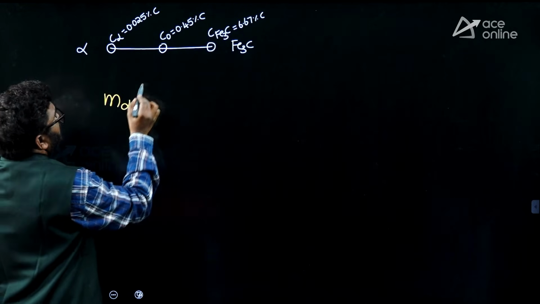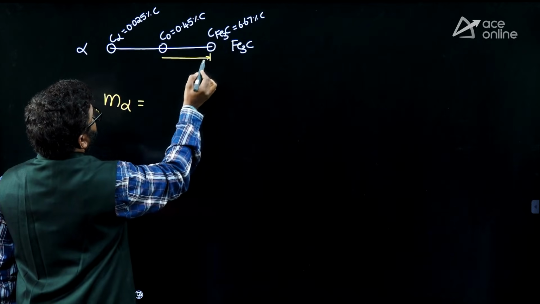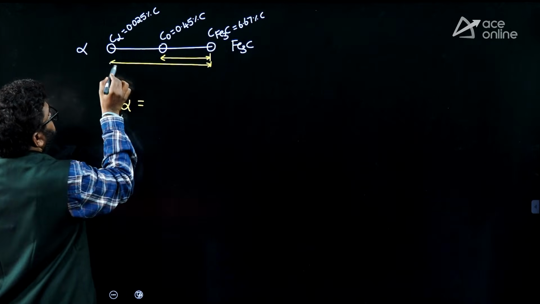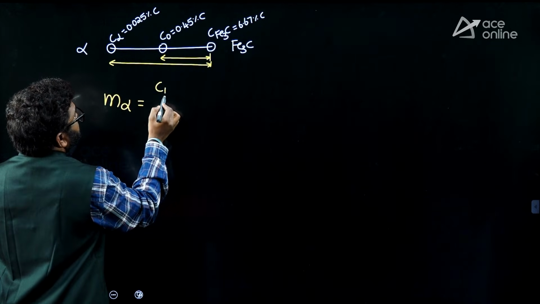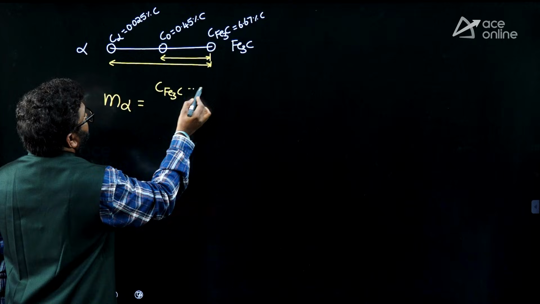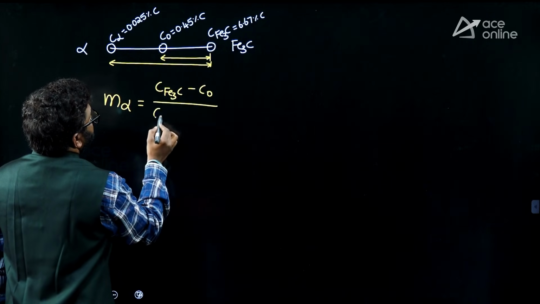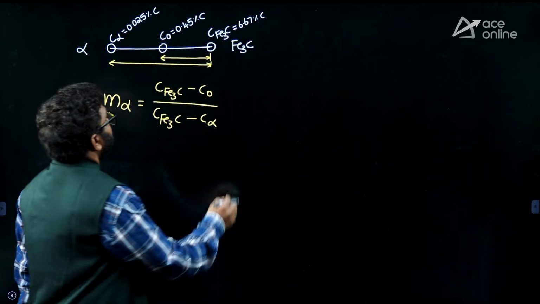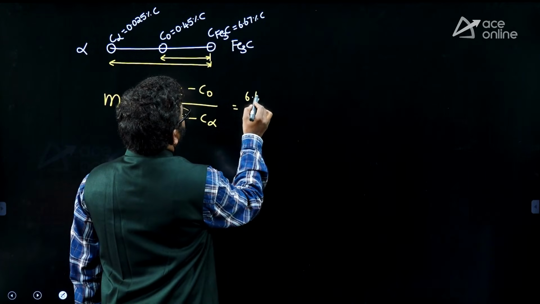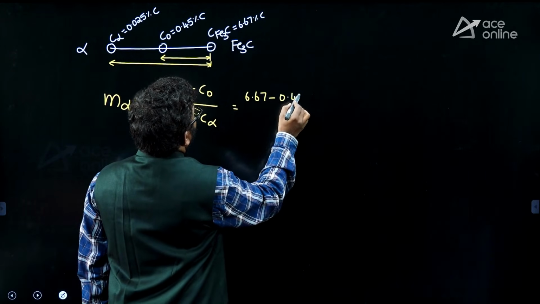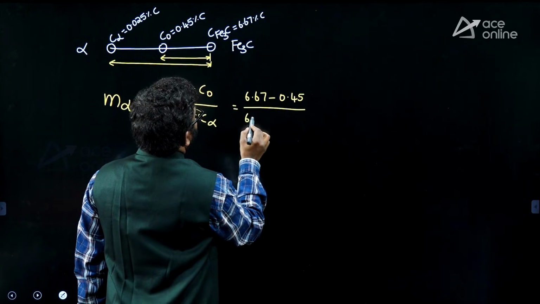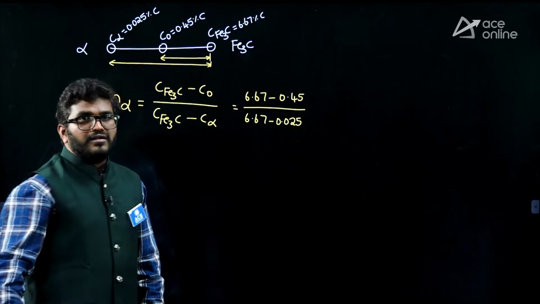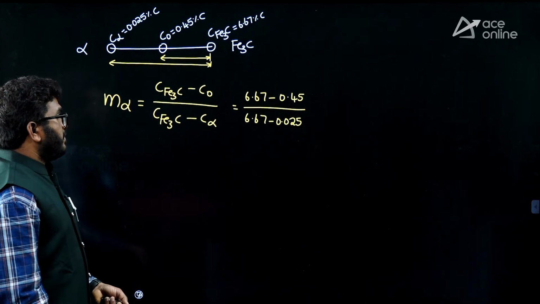Same principle: use the opposite half of the line in the numerator, and in the denominator the total length of the line. So, C cementite minus C naught by C cementite minus C alpha: 6.67 minus 0.45 by 6.67 minus 0.025. This is the mass fraction of alpha.